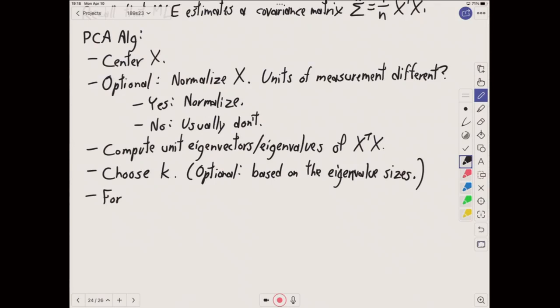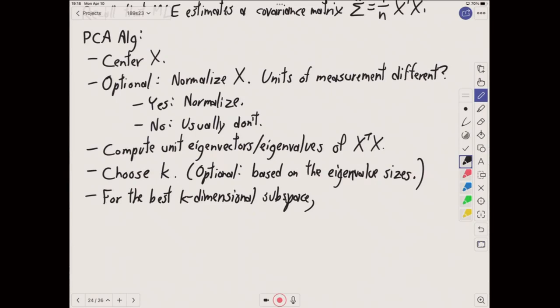But whatever k you pick, whatever dimension of subspace you pick, the next question is, what is the best k-dimensional subspace? Meaning, when I project my data down to a k-dimensional subspace, how do I maximize the amount of information that I retain?